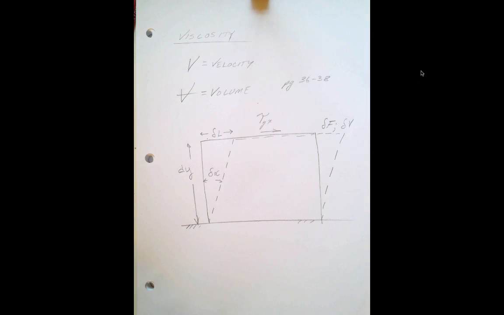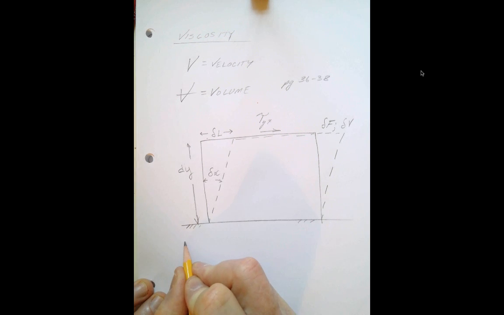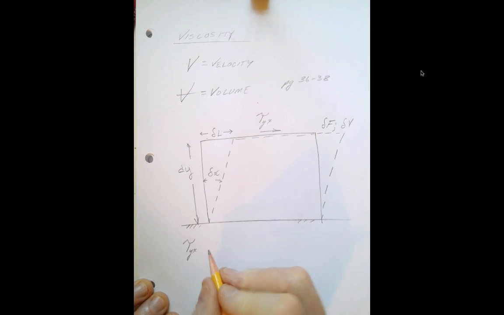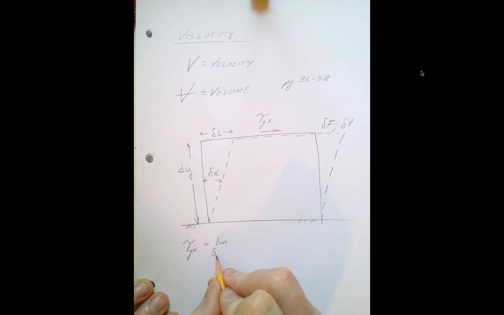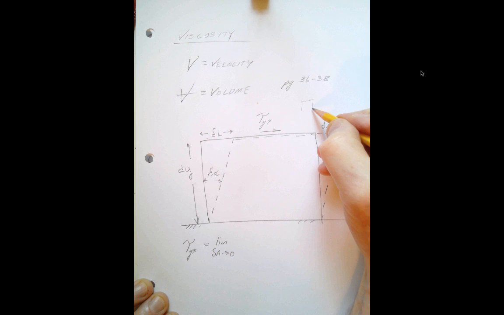So let's examine the geometry implied by this image. We have tau yx is equal to the limit as area goes to 0, where remember on our fluid element we have this area and that force.